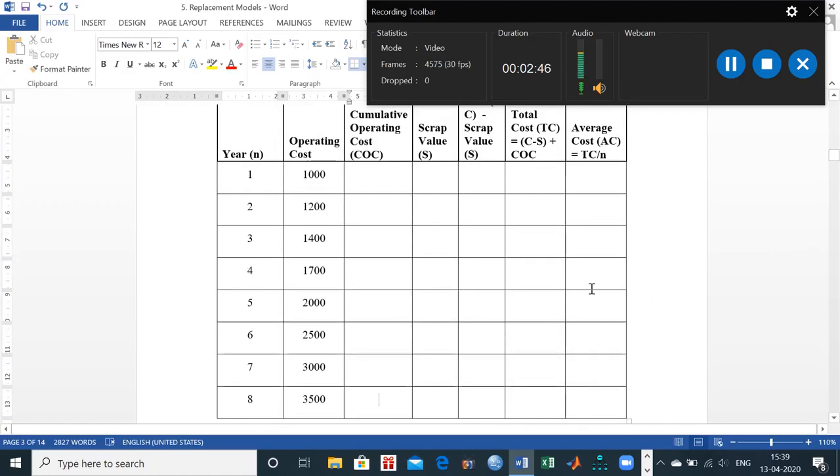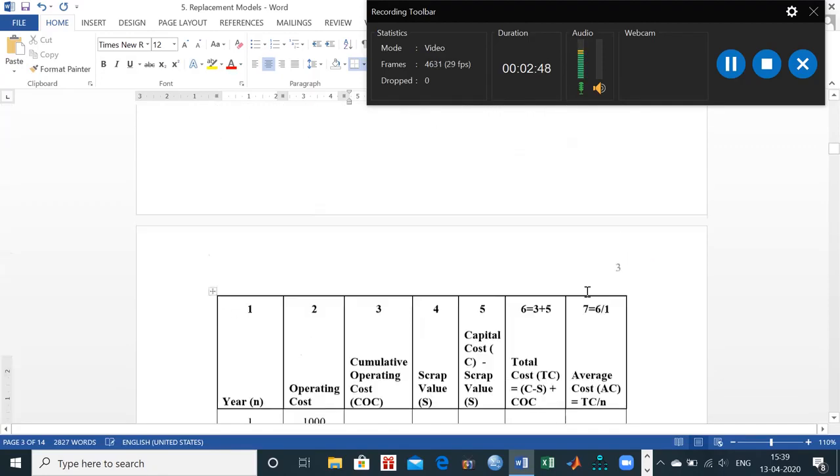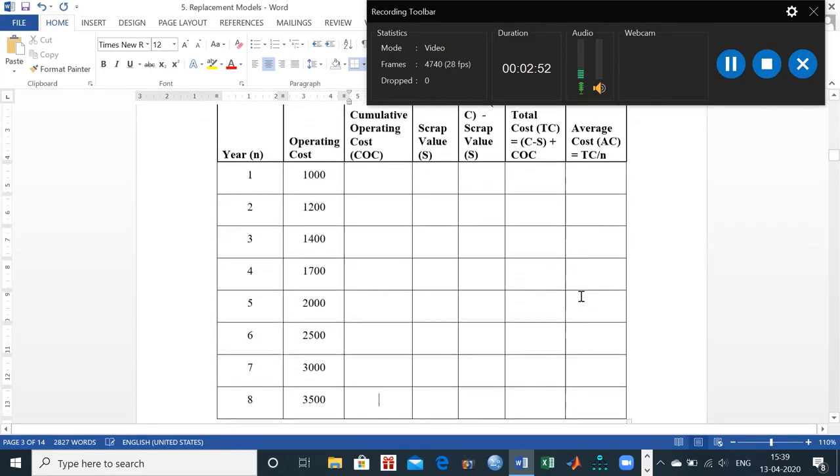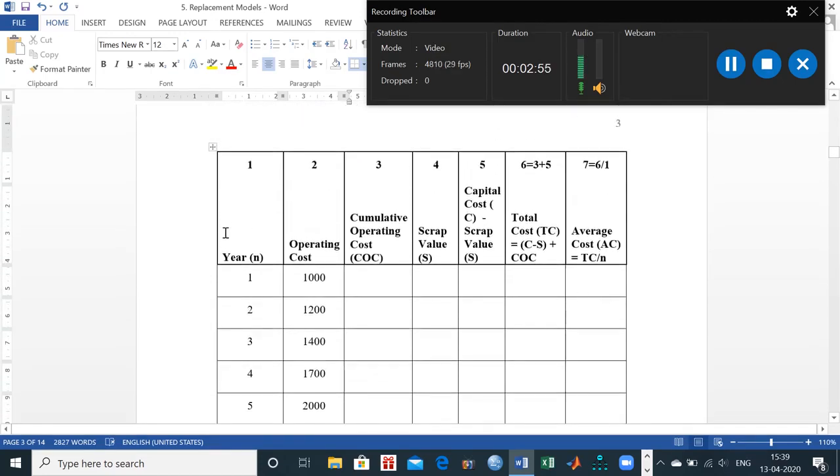If you have a look at this, whatever data we had here is what we have filled here, and the columns are going to be year, operating cost, cumulative operating cost. That would be the summation of the operating cost every year with respect to the previous year.